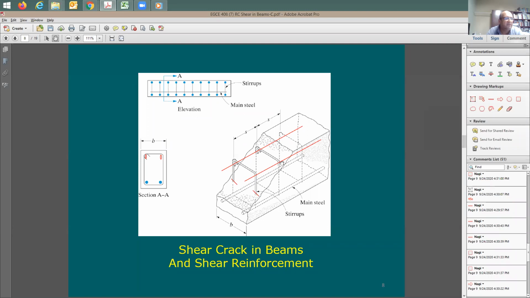So A sub V equals 2 times A sub b. What is A sub b? The area of one bar only. Why? Because I cut through 2 ties. When you cut through 2 ties, A sub V is going to be equal to this plus this for one tie only. You say, okay.